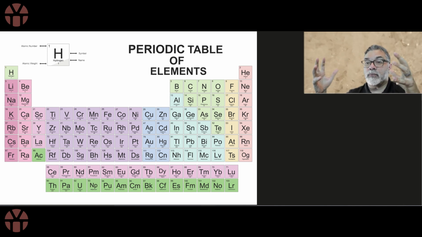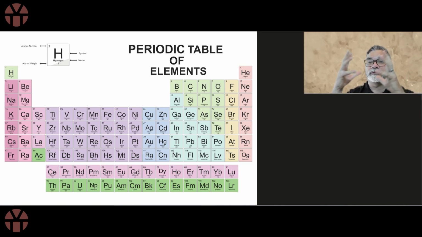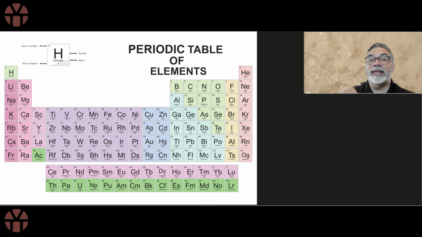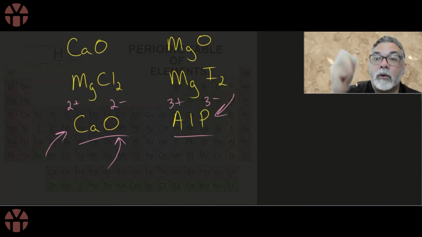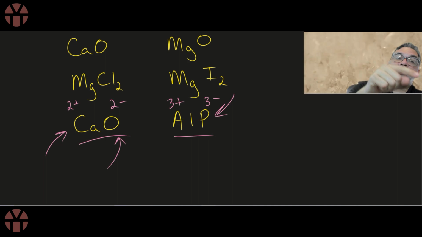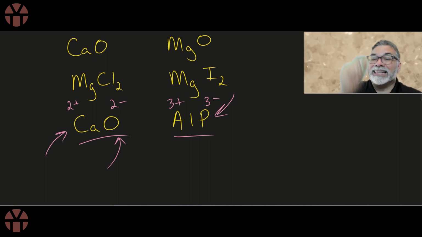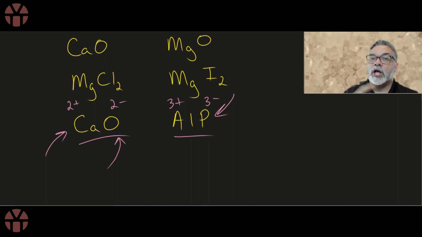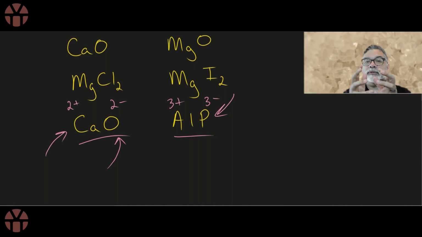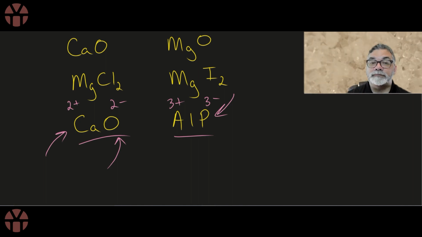And since we have this large change in size, what that means is that although the coulombic differential is less in calcium oxide, the proximity between the two ions is a bigger deal.